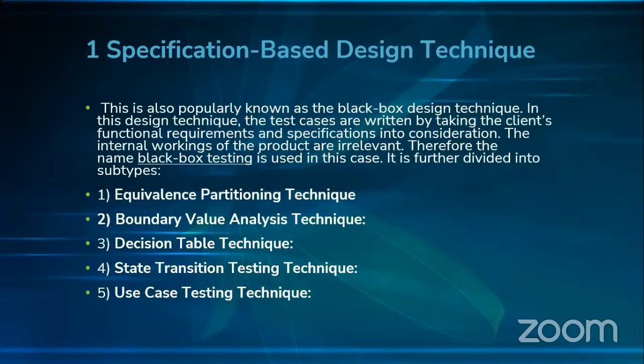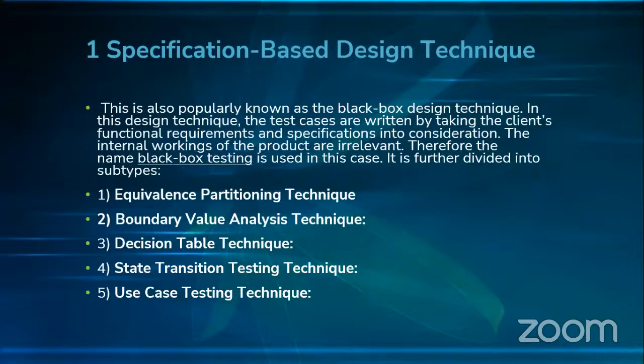But there are ways we now break down this technique when it comes to specification-based. And these 5 techniques are very, very key when it comes to designing your test script.